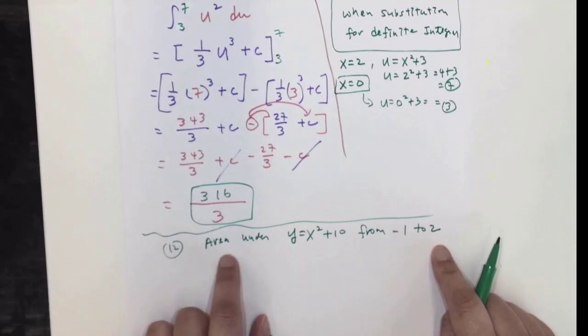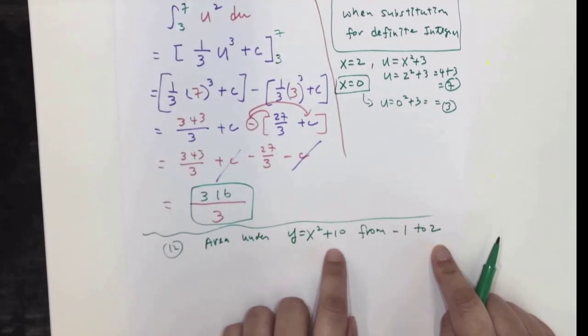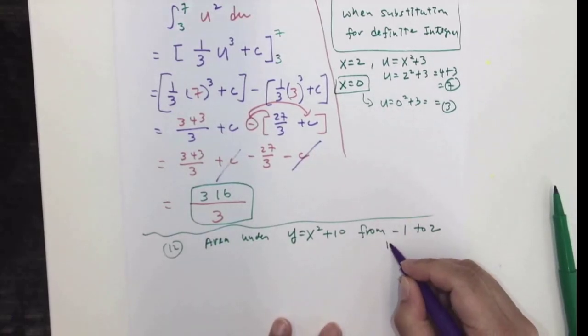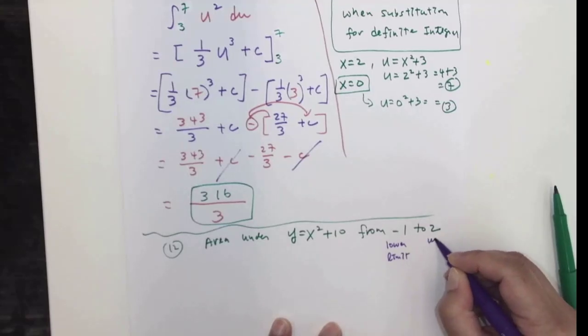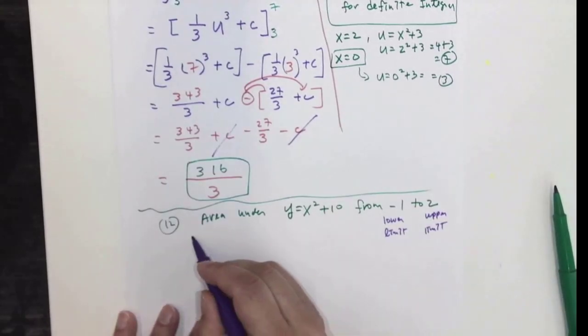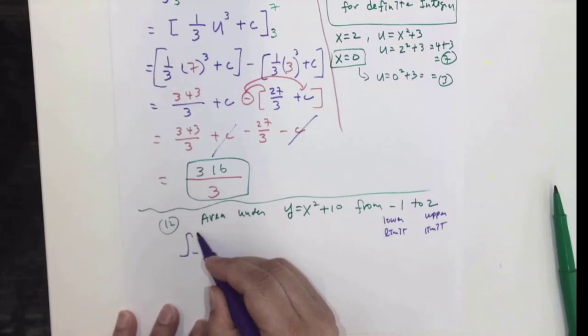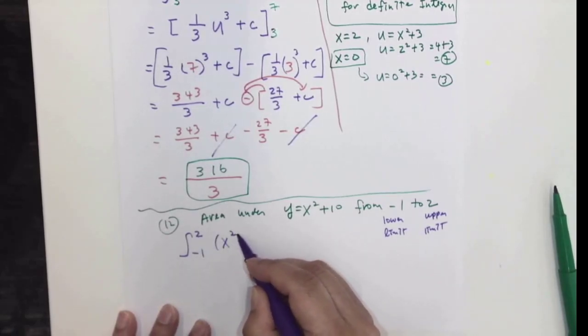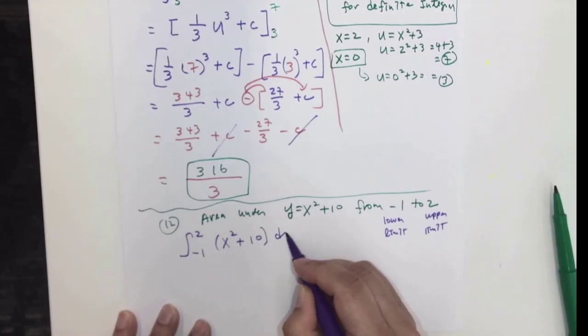When they ask to find the area under the curve, it's going to be an integral, and that goes from your lower limit to the upper limit. This is the lower limit. This is the upper limit. Let's do the integral. Lower limit is -1, upper limit is 2. The function is x squared plus 10 dx.